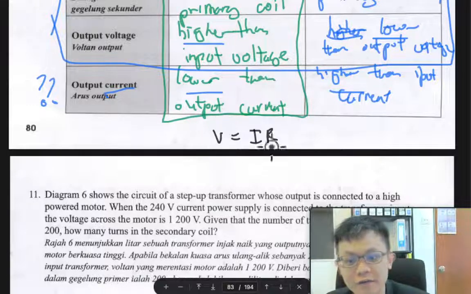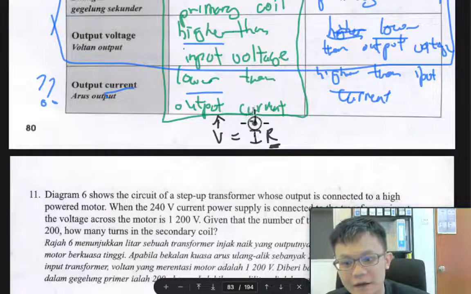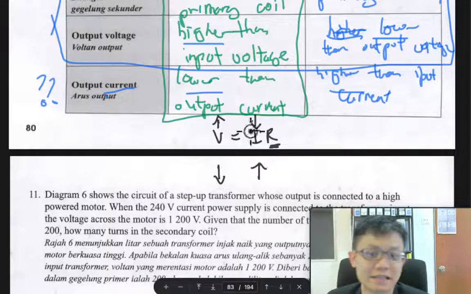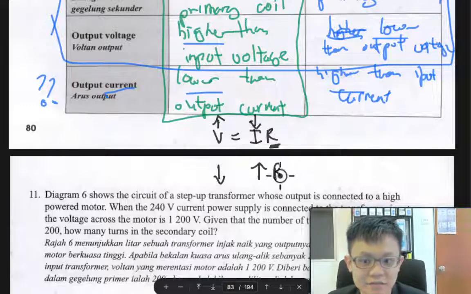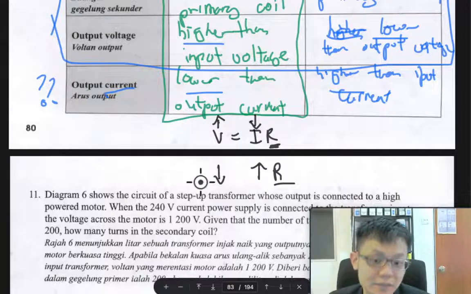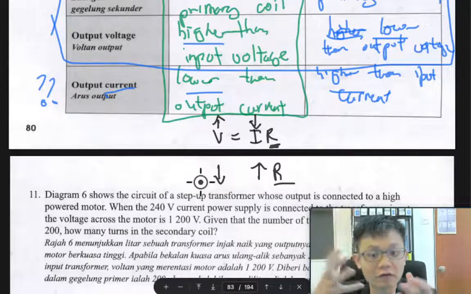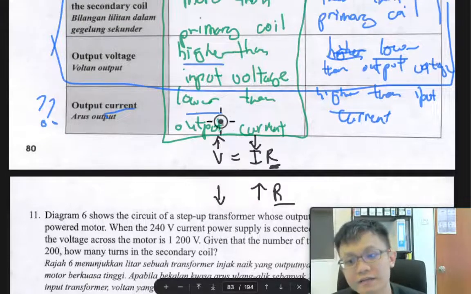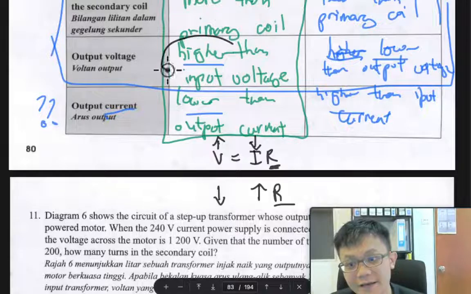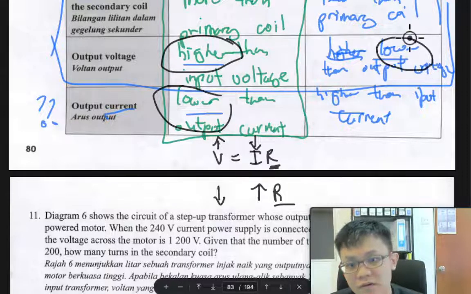In the mathematical calculation, R is constant, so when V goes up, I will come down. When V goes down, I will go up. So that is why when we say this one high, this one low, this one low, this one high.